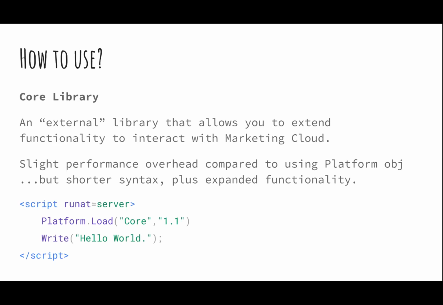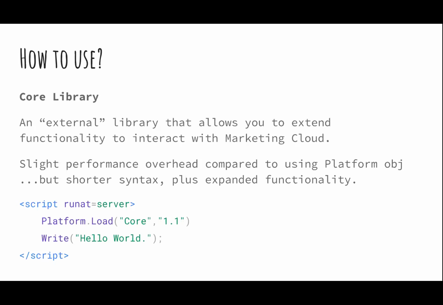It was a way for Marketing Cloud or ExactTarget to expand the capability of SSJS without actually modifying the core code behind it, and not break people's implementations or applications or code in their accounts.